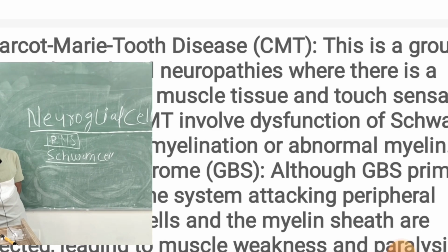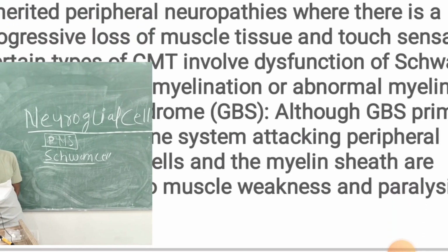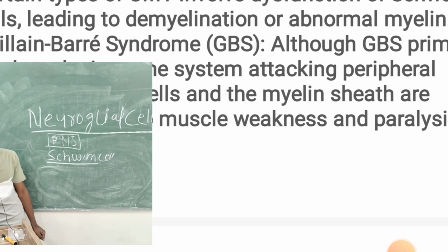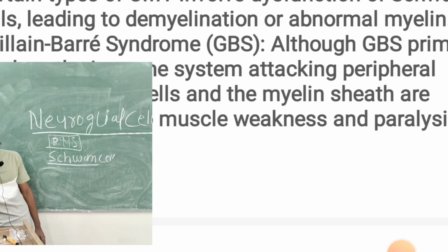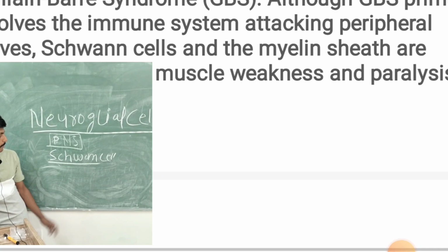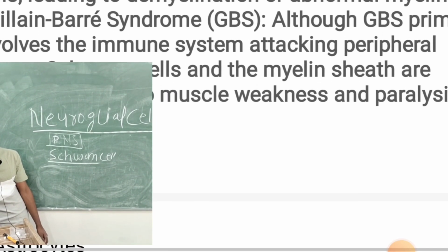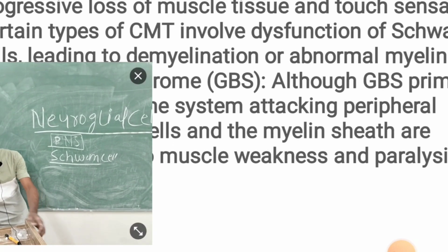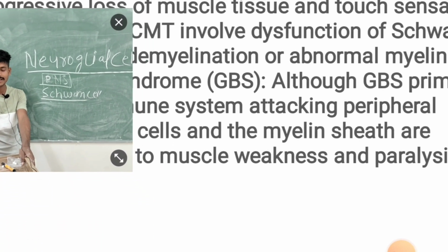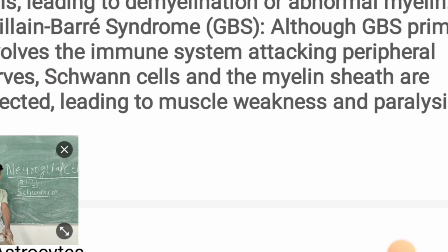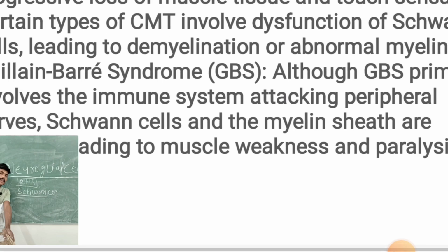Then we have Guillain-Barré syndrome. In Guillain-Barré syndrome, the immune system attacks the peripheral nervous system. Peripheral nerves are attacked by the immune cells, and the Schwann cells and the myelin sheath are affected, leading to muscle weakness and paralysis.